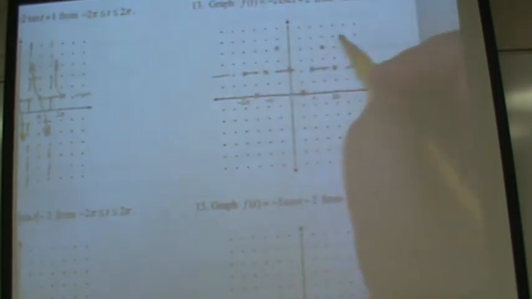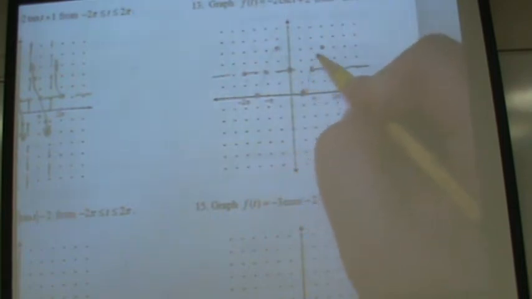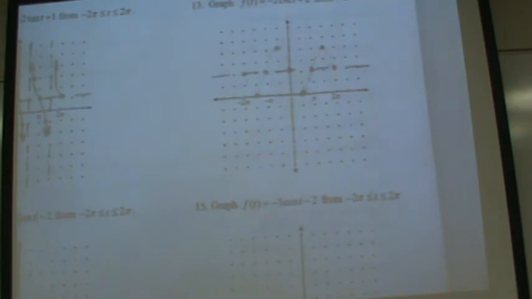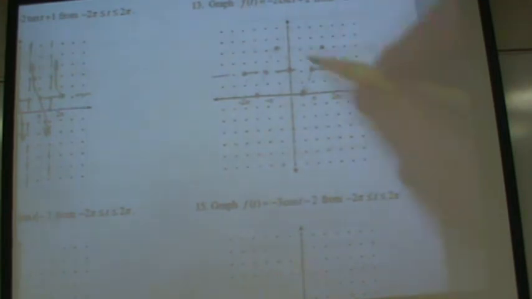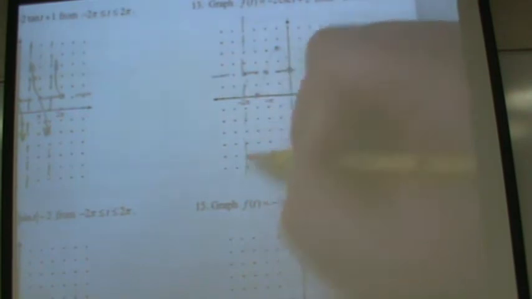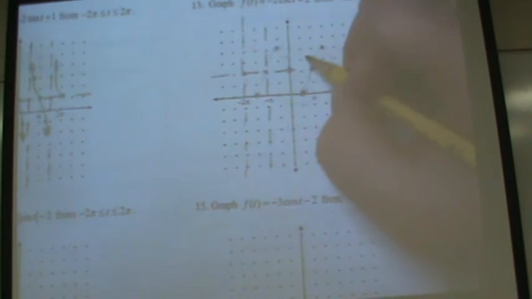So this would be your normal sine curve for this case, but we want the cosecant. Anytime that you have a dot that hits your x-axis, that's where an asymptote is. So at all of these zeros, we have an asymptote.